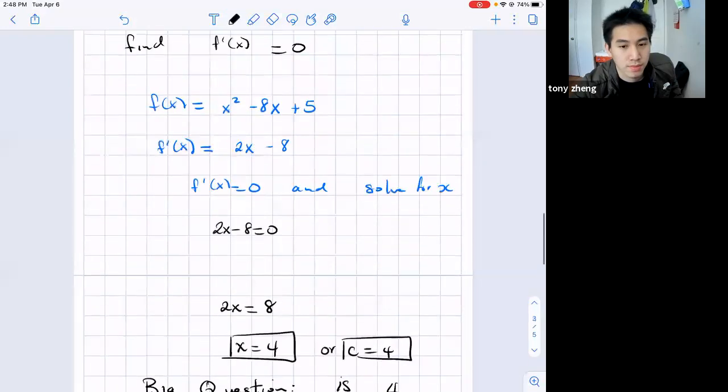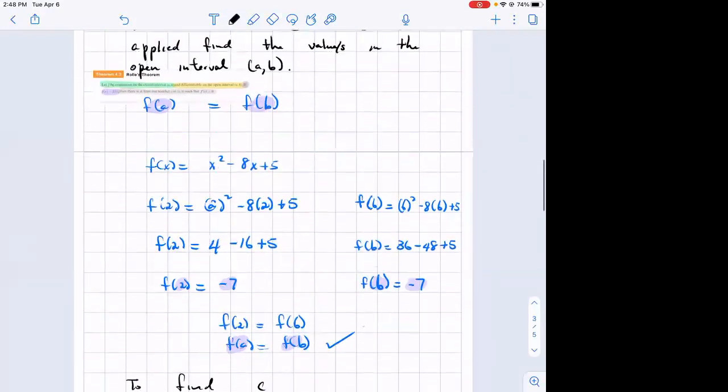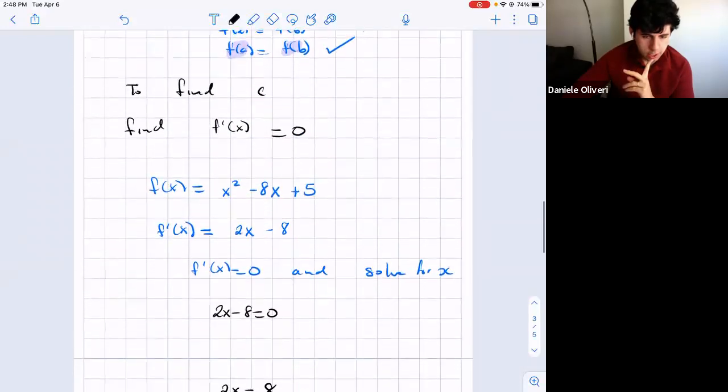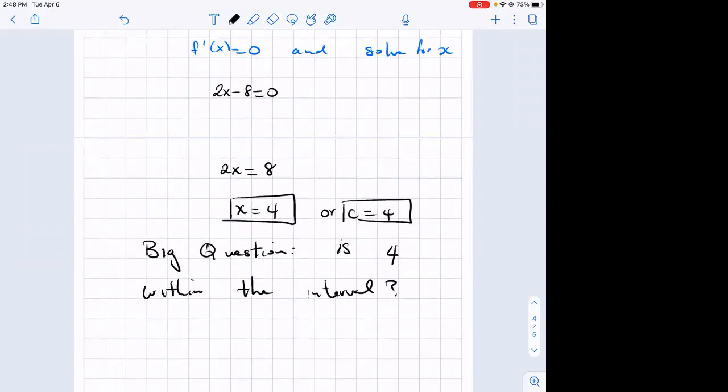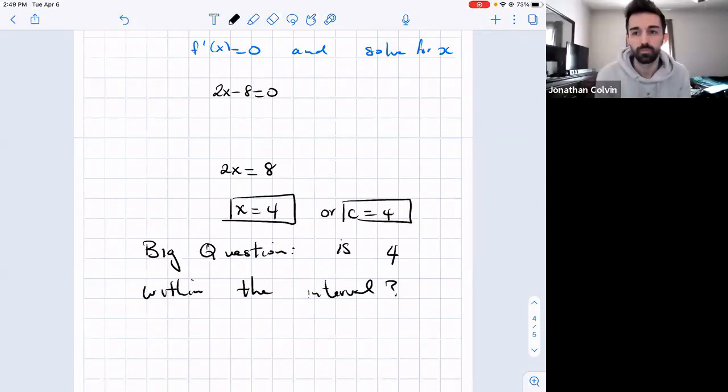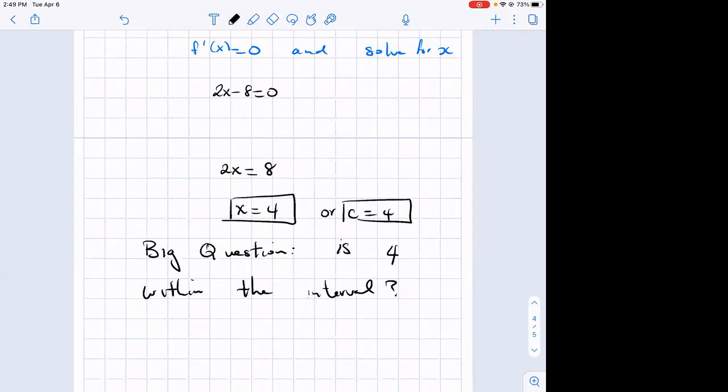What was the interval we had? 2 and 6, so it should be within the interval because it's a number in between. So anytime you solve for c, and sometimes when you solve, please pay attention, you're going to get more than one c value. You want to make sure that all the c values you obtain are within the interval. If it's not in the interval, then you have to ignore the c that is not within the interval. Does that make sense?